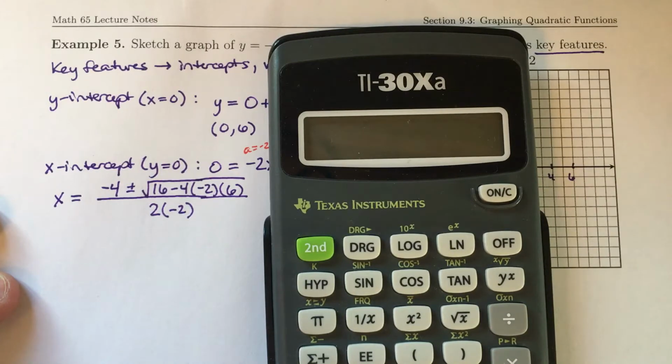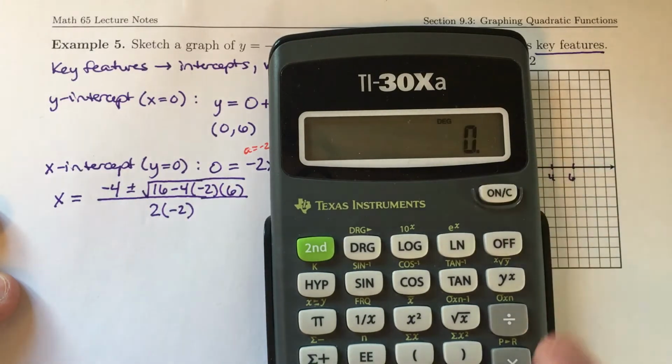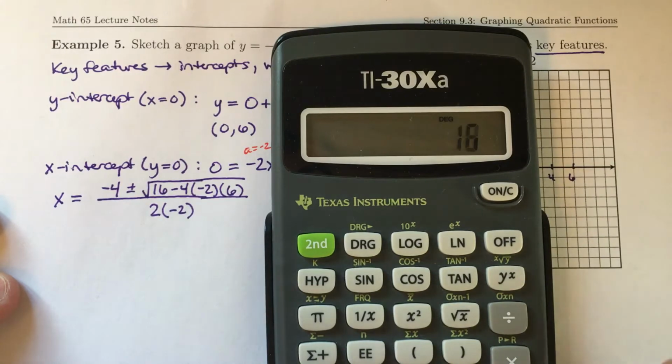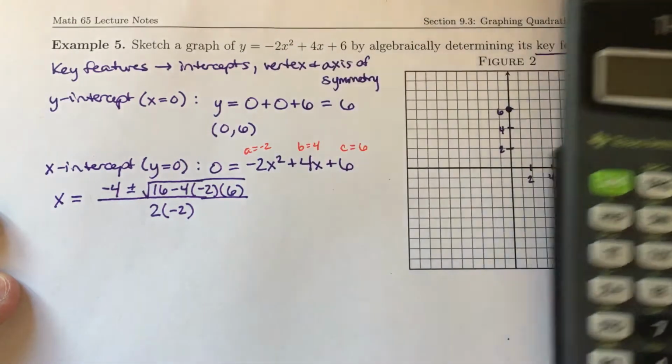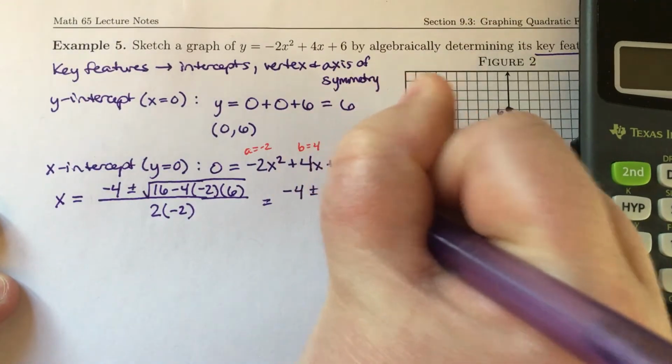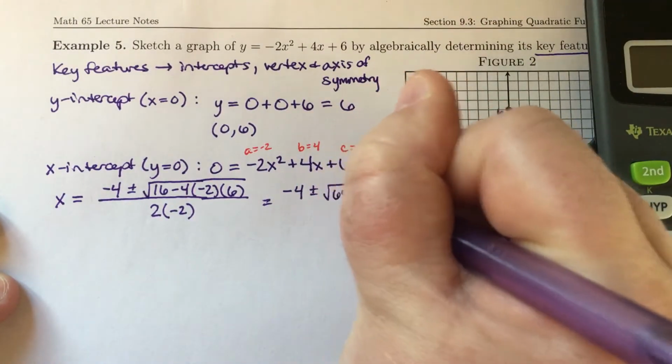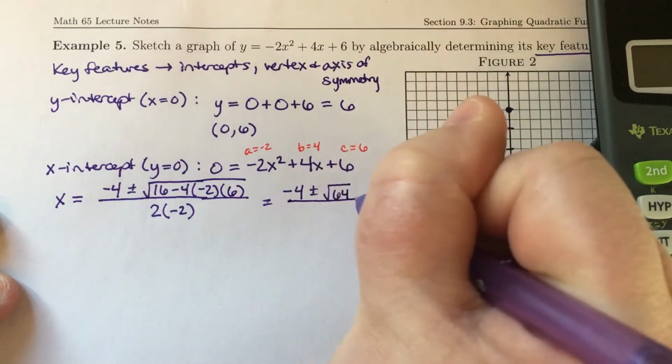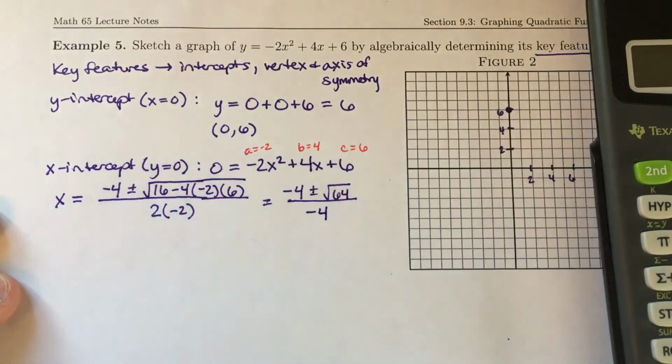We're just going to type it in. 16 minus 4 times negative 2 times 6 equals 64. So this is negative 4 plus or minus the square root of 64 all over negative 4.